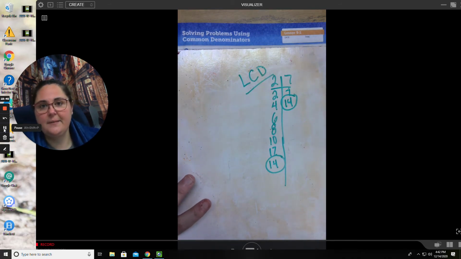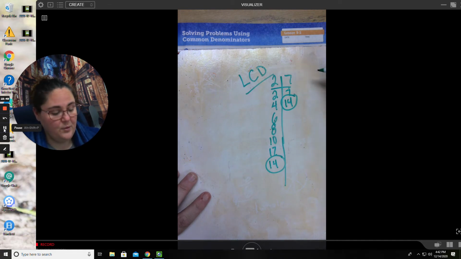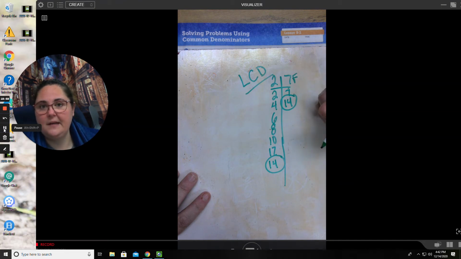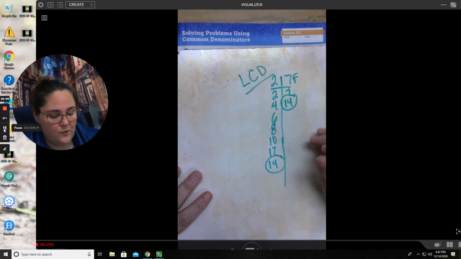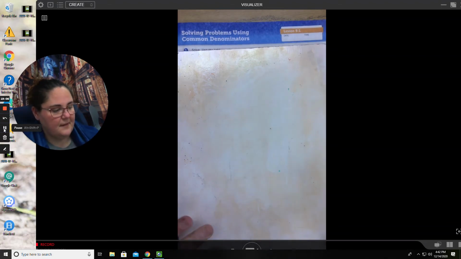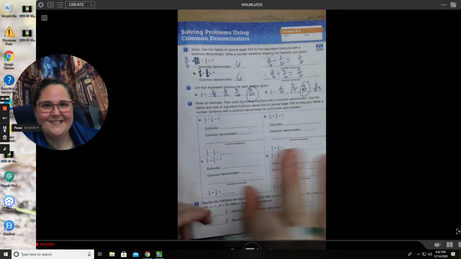And it is the least common denominator because that's the smallest number that both of these can go into equally, both of these digits. So that would help me when I'm actually finding my common denominator. So this would be the first step in these problems. Okay, so this is where you're going to start for your common denominators. We'll get back to that here soon.